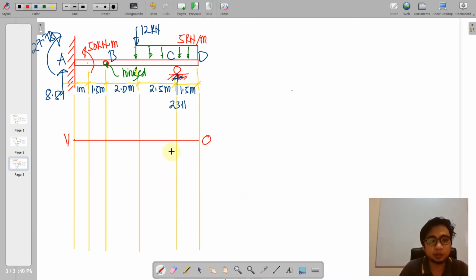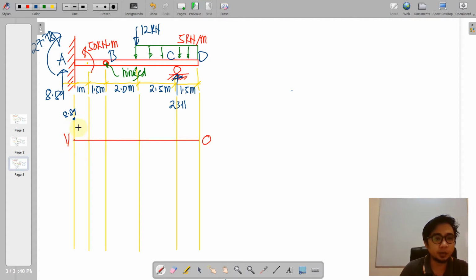This is the zero line of the shear. So we start from A to D, or from left to right. Just left of A, we have a positive 8.89.